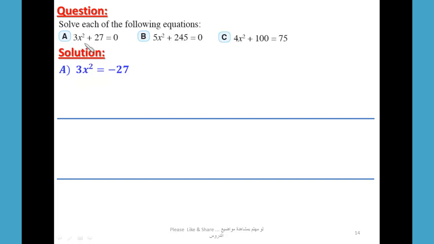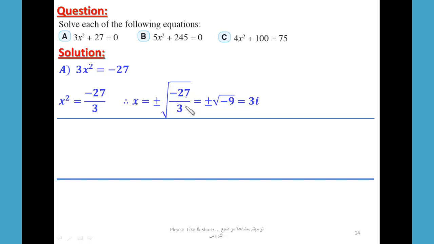So 3x squared equals negative 27, and x squared equals negative 27 over 3. That means x equals positive or negative square root of negative 27 over 3.